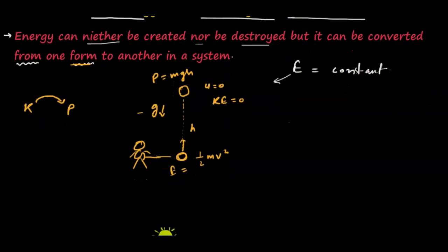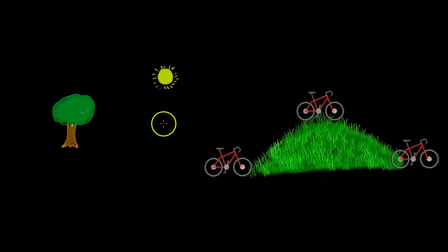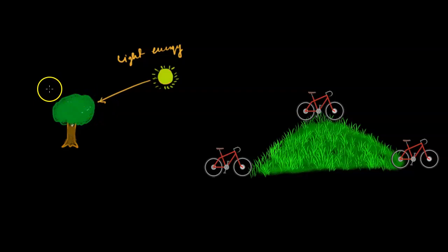We can understand this in many different ways. Suppose this is the sun, giving light energy to this plant. The plant uses the light energy in the process of photosynthesis, converting carbon dioxide and water into carbohydrate with the help of sunlight.